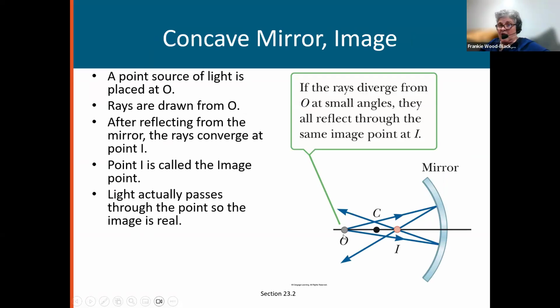So if I have an object outside of the radius of curvature, we'll have that object come in and bounce. We can do a normal to our curvature and come out, and it is going to produce there. We've got it coming from a different side, and we're going to be able to get an image that forms. Now, sometimes that image may be upright, sometimes that image may be upside down. And we're going to look at that here in just a second.